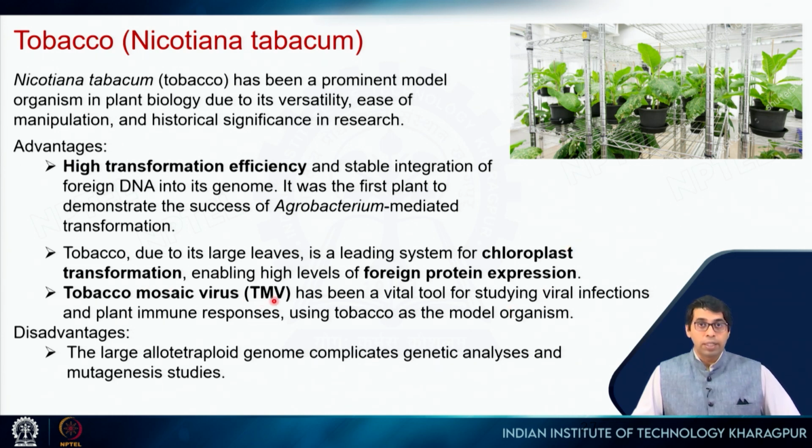Tobacco mosaic virus, or TMV, has been a vital tool for studying viral infections and plant immune response using tobacco as the model organism. So immunity in plants has been studied using this tobacco plant system, where tobacco mosaic virus has been used to induce these viral infections. And there are, of course, disadvantages. For example, it's an allotetraploid, which means that it has a complicated genome, which makes its genetic analysis complicated.